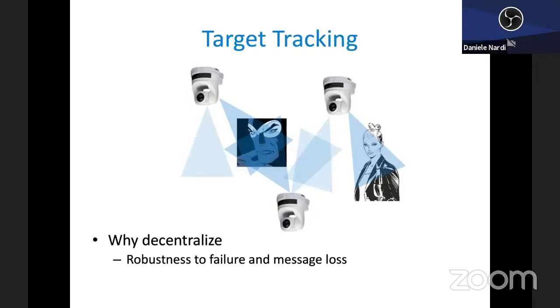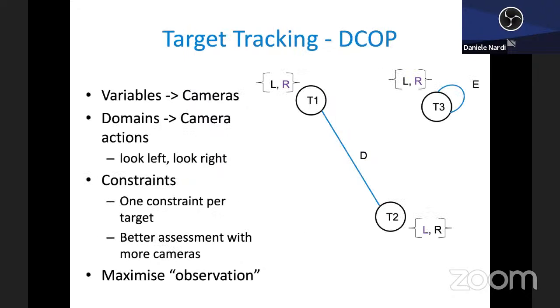And in this case, we have a solution where the camera on the top left is going to look at Diabolik, and the camera at the bottom is also going to look at Diabolik, while the top right is going to have in its field of view Eva Kant. Now, what is the optimal configuration of these cameras is the problem that we want to solve here. So that's the solution, and here is the formal representation.